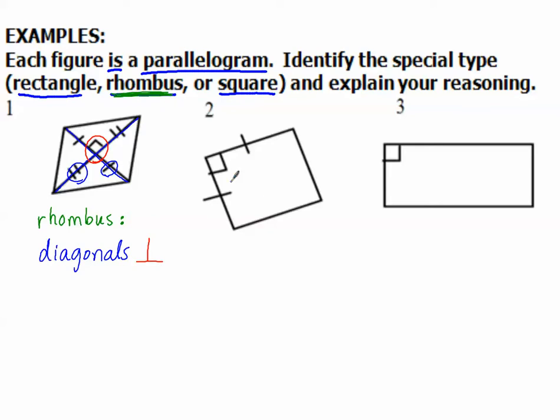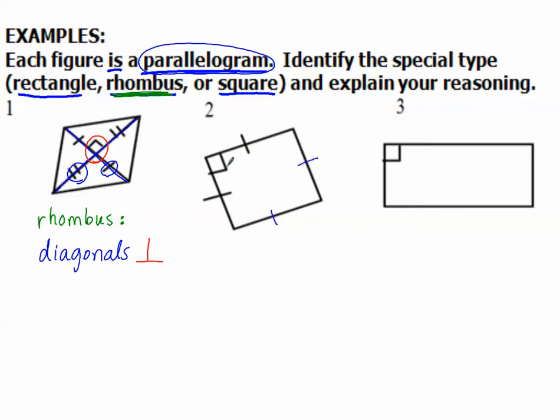Now here you might see, oh, only two sides are congruent. However, remember we were told that these are all parallelograms. Parallelograms has opposite sides congruent. So if this has one slash, the opposite side should have one slash. If this has one slash, the opposite side should have one slash.